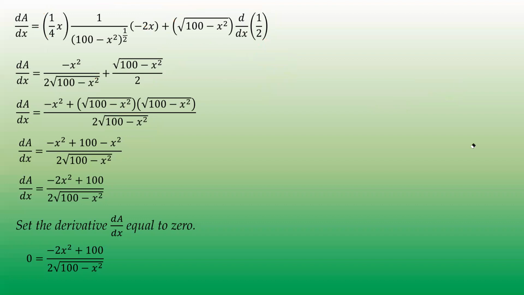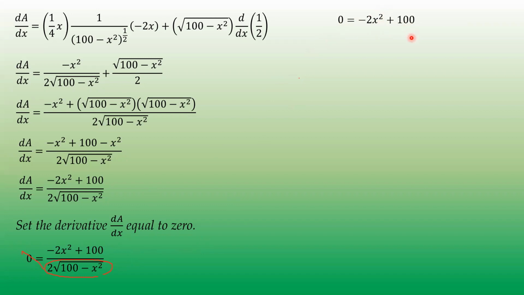Now we're going to cross multiply tayo ngayon. Itong ating denominator, multiply mo doon sa 0. Kaya mangyayari na lang ngayon dito, is 0 na lang equals negative 2x squared plus 100. Diba ito, multiply mo doon ay 0 pa din. So meron kang 0 equals negative 2x squared plus 100.